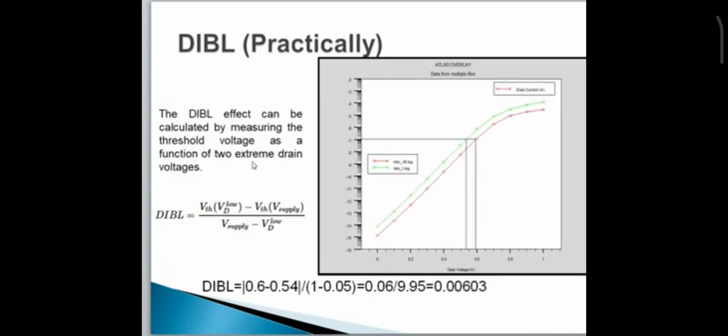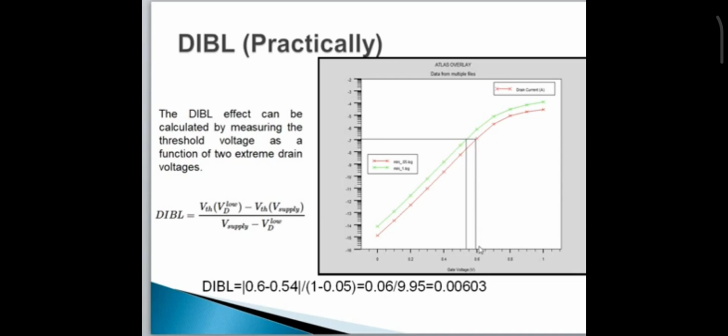The DIBL effect can be calculated by measuring the threshold voltage as a function of two extreme drain voltages. First we find the threshold voltage at 50 mV VDS, and another when VDS is equal to the supply voltage of 1 volt. From this figure, at 50 mV VDS the threshold voltage is 0.6 volt.